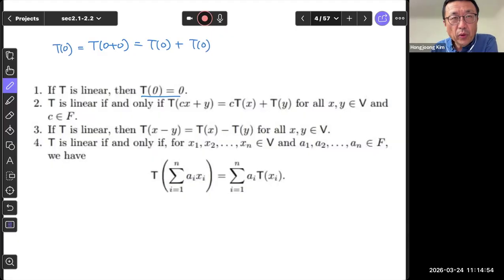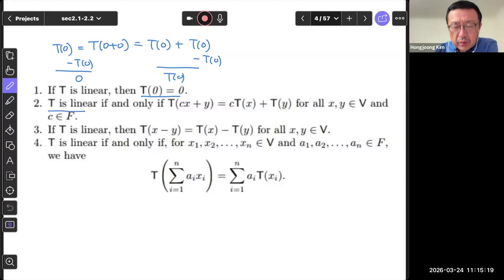So from this equation, if you subtract T of 0, on the left we get the 0 vector. On the right, we have T of 0. So they must be the same. That means the origin is not changed by the linear transformation.